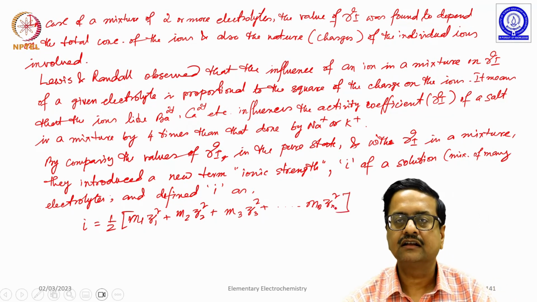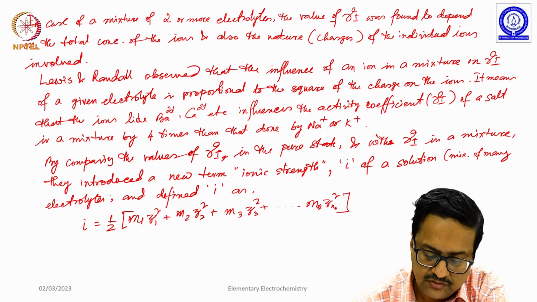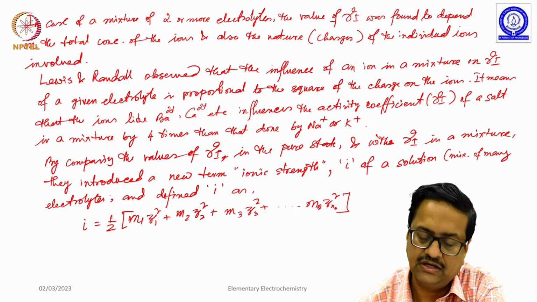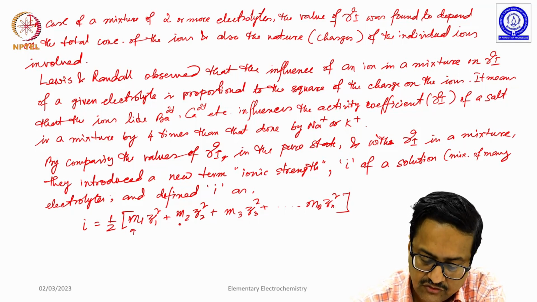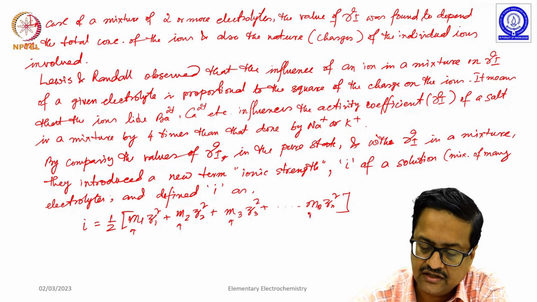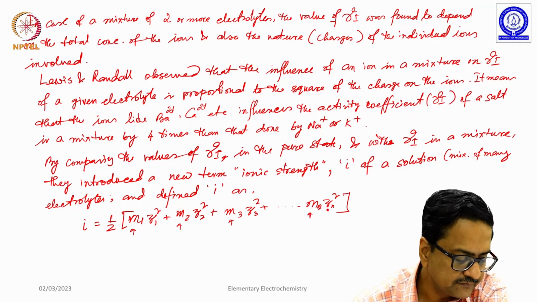That means there are n number of ions, maybe cation, anion, it does not matter, and the M terms are the corresponding concentrations of those ions in terms of molality.